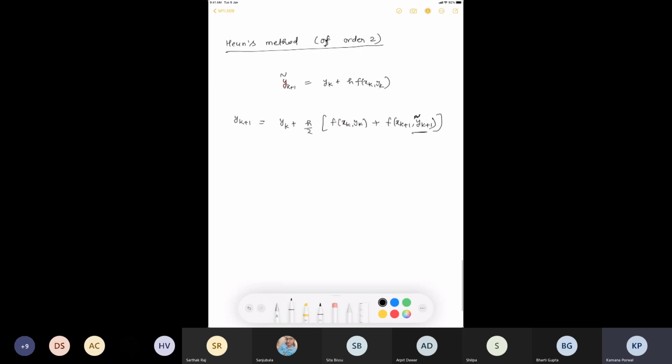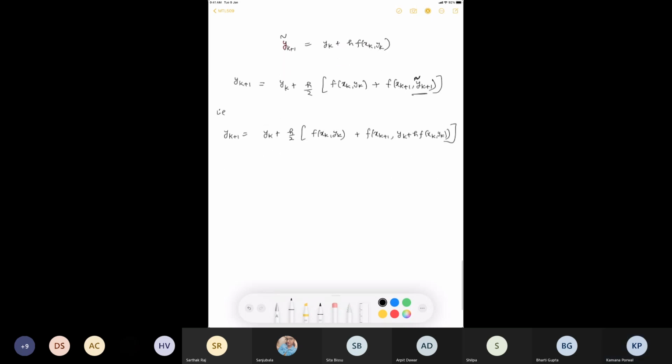So basically, what do we get? I compute y_{k+1} as y_k plus h by 2 times f(x_k, y_k) plus f(x_{k+1}, y_k plus h times f(x_k, y_k)).